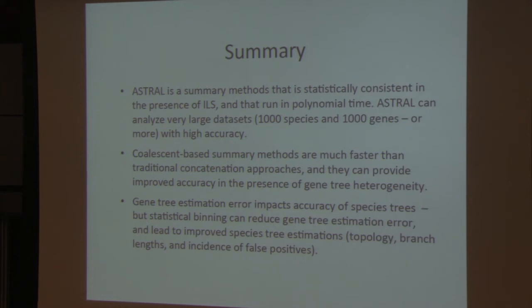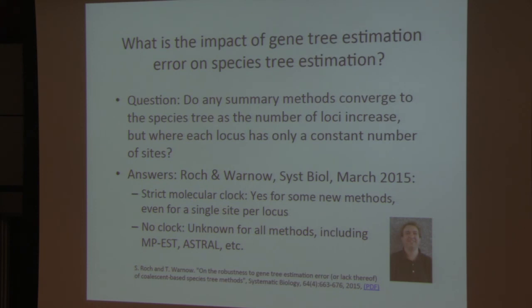So it's become the dominant species tree method when there's incomplete lineage sorting because of its accuracy so far. But the main thing is this gene tree estimation error impacts accuracy, and we don't really understand theoretically why. I mean, we know that it does, but we don't have any kind of guarantee. So there's a basic theoretical question, which is what is the impact of gene tree error on species tree estimation?